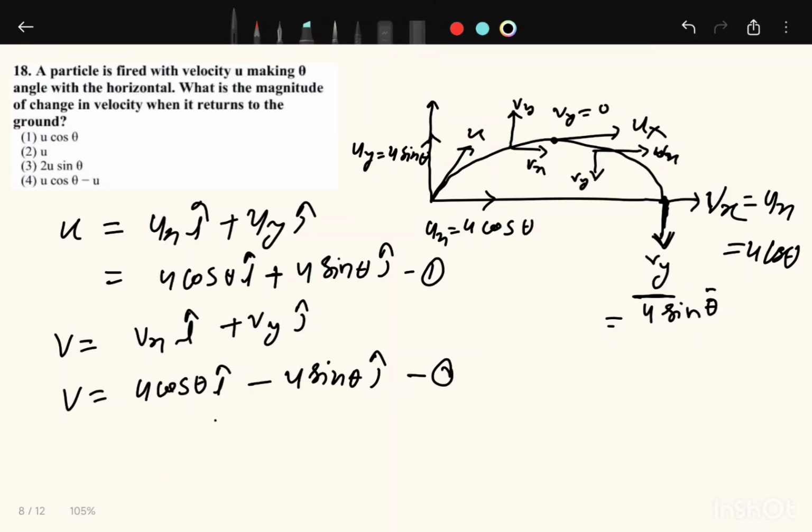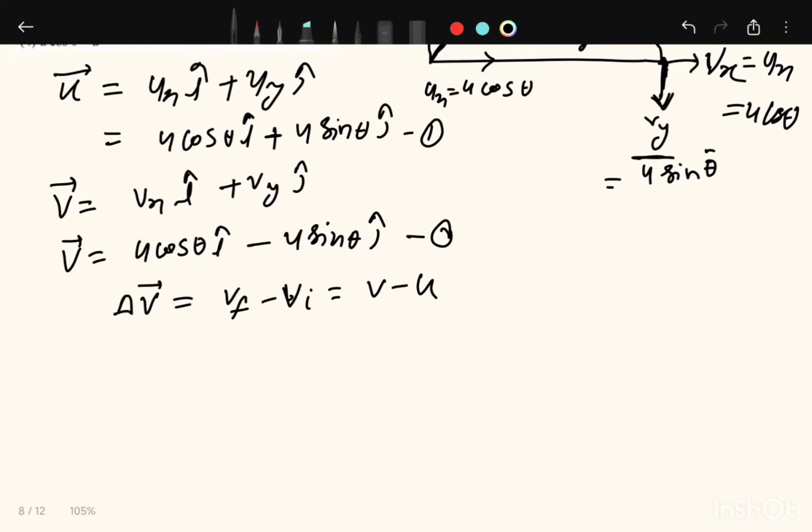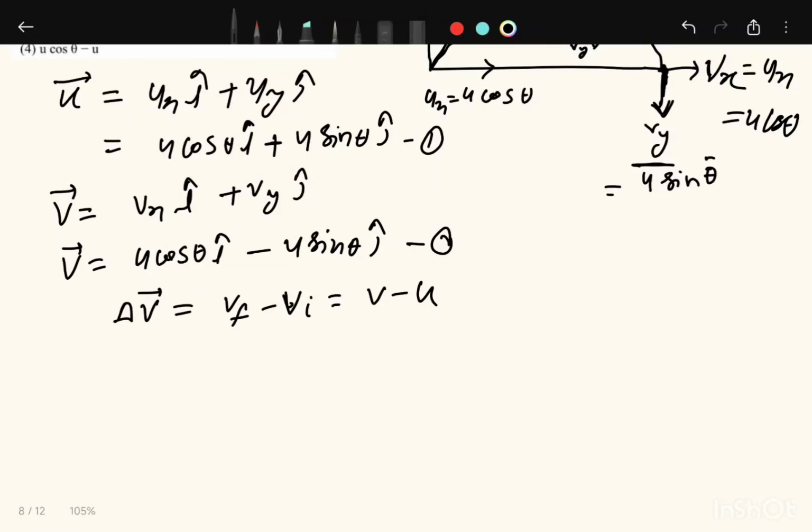Now we are asked the magnitude of the change in velocity. First of all, let me find the change in velocity. All these are vectors, right? So delta v will be vf minus vi, that is v minus u. So vf is u cos theta i cap minus u sin theta j cap, minus vi.